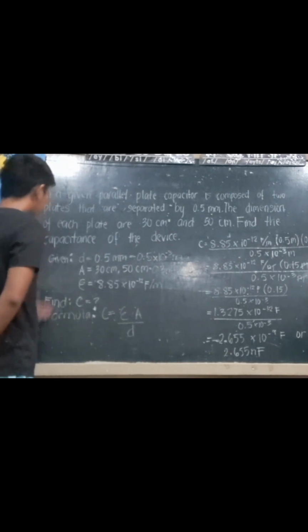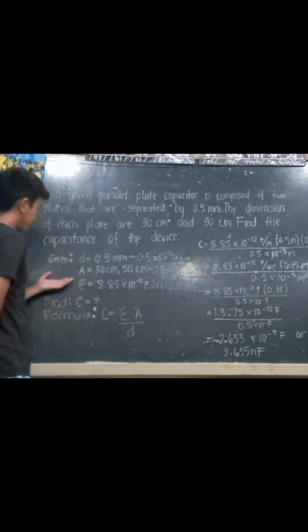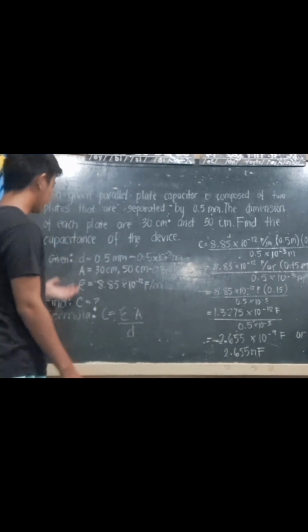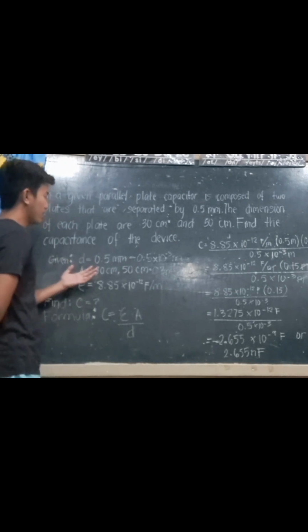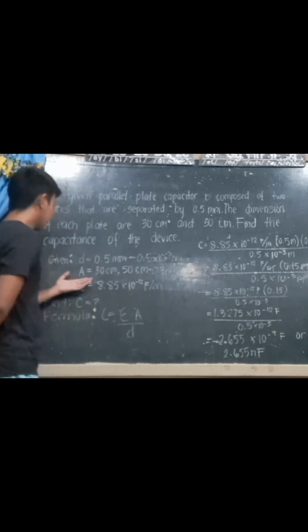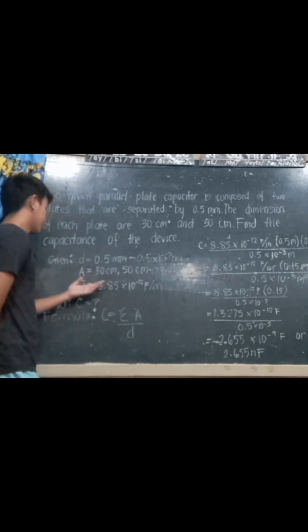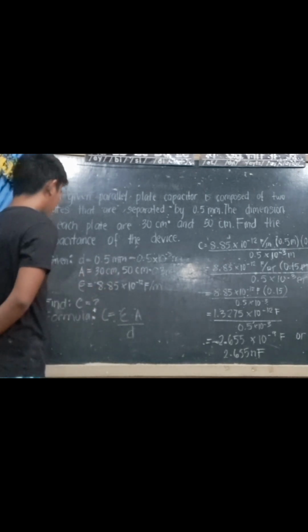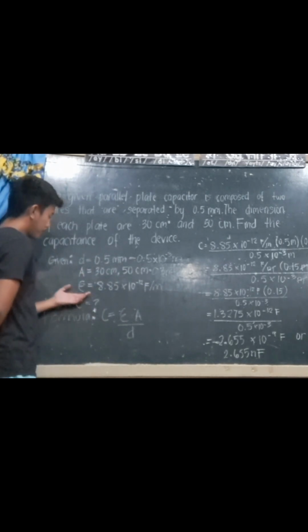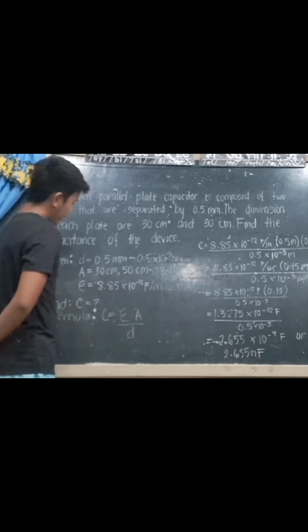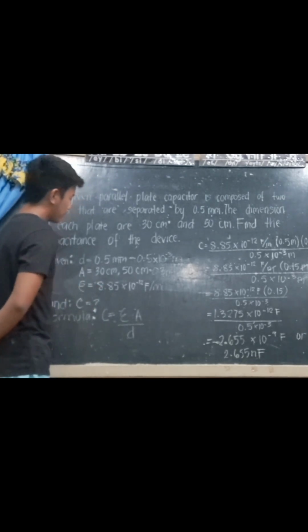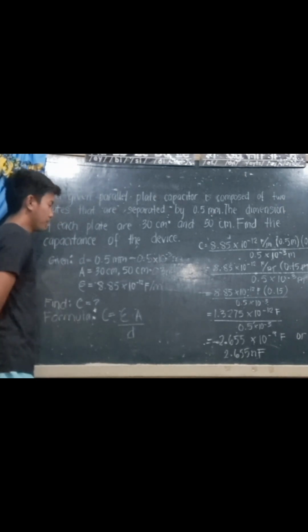First, we need to determine the givens. For the distance, the value is 0.5 millimeters. For the area, 30 centimeters and 50 centimeters. And for the permittivity of free space, or epsilon, its value is 8.85 times 10 to the power of negative 12 farad per meter.